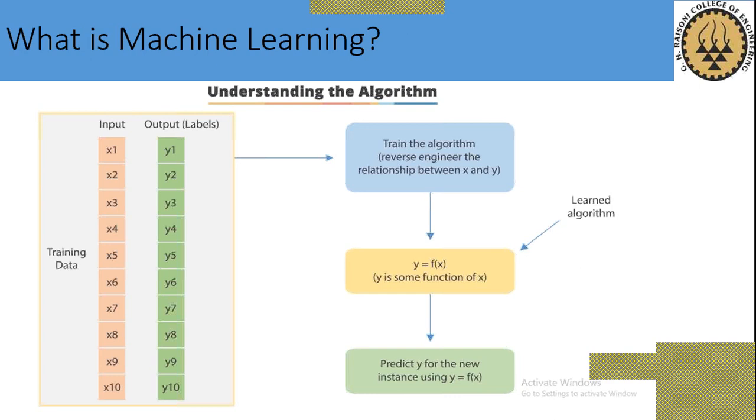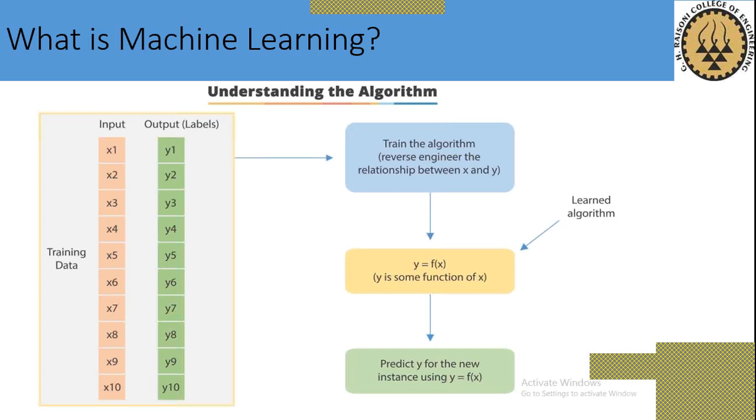In machine learning, there are two types of data sets. First is called an unlabeled data set and the second is called a labeled data set. Here we are giving the training data as a labeled data set. So what is a labeled data set?